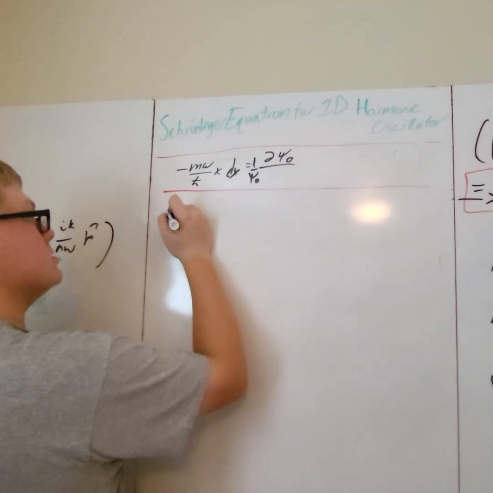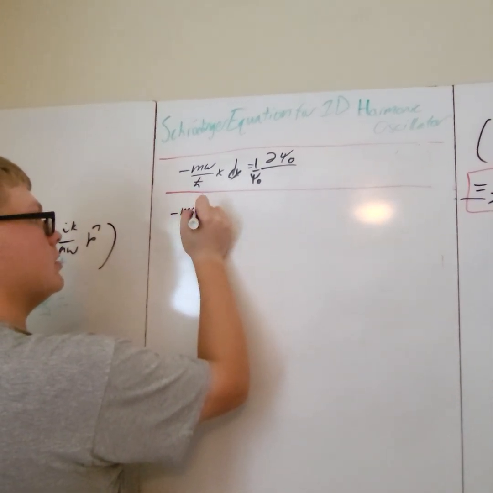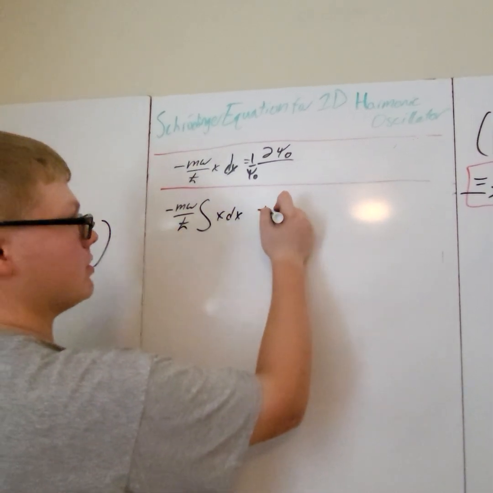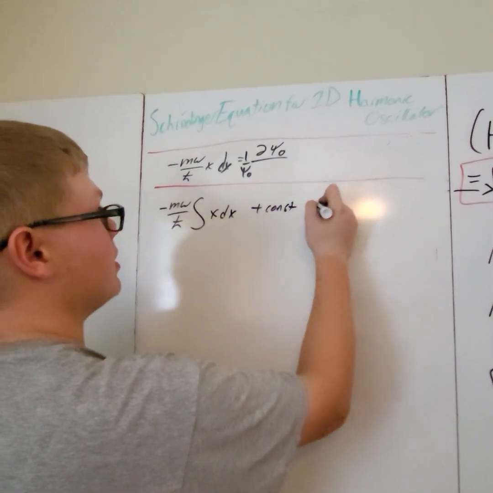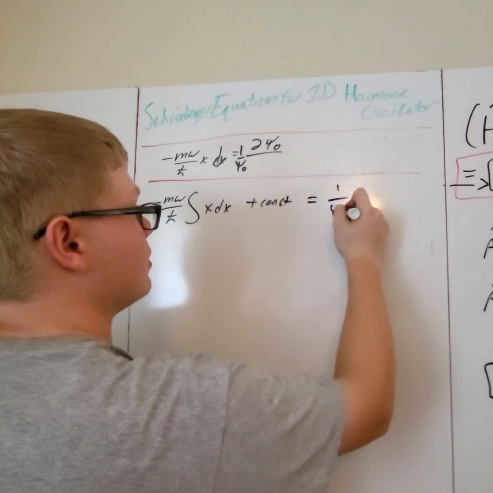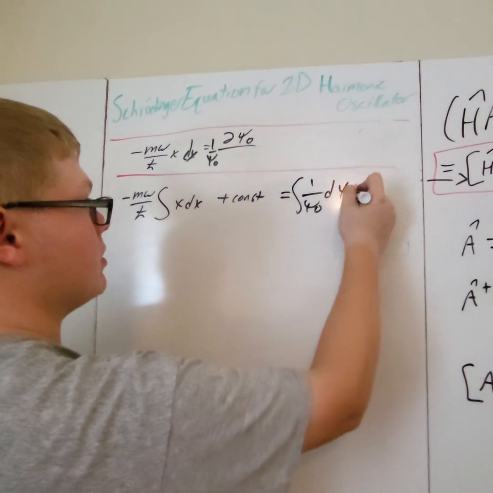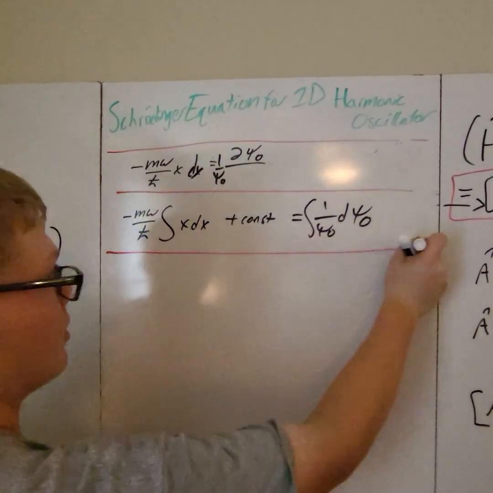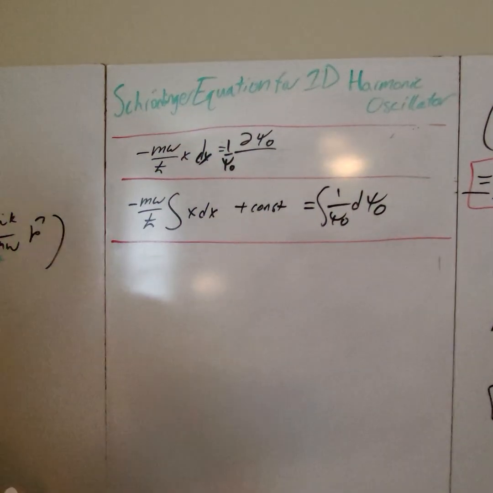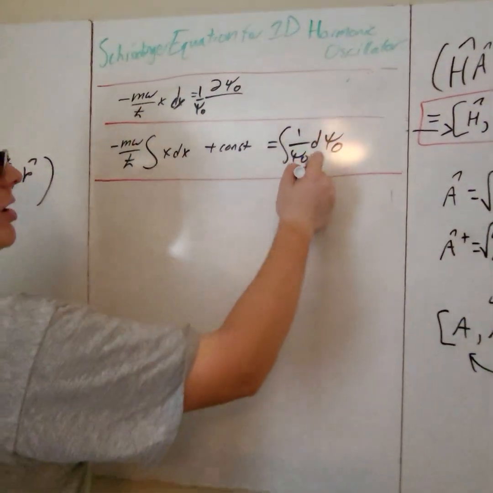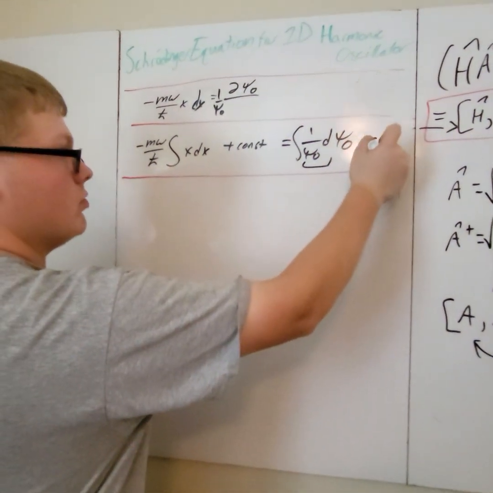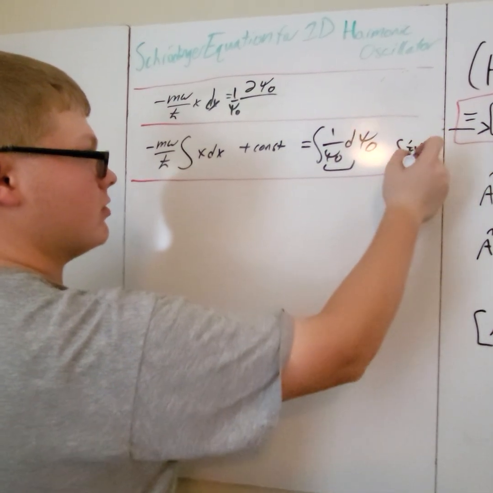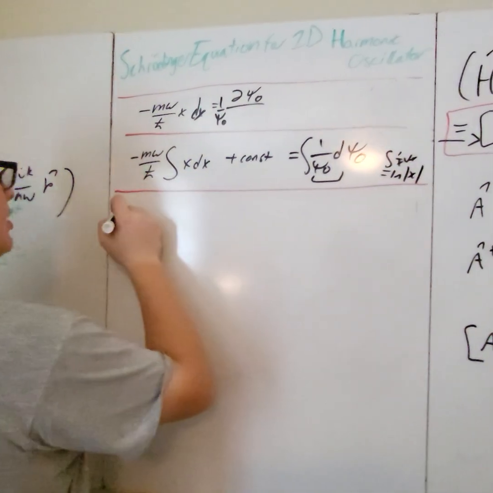Indefinite integration, plus a constant equals 0. Well, that's just the integral of 1 over x times dx, which is just the natural logarithm of the absolute value of x.